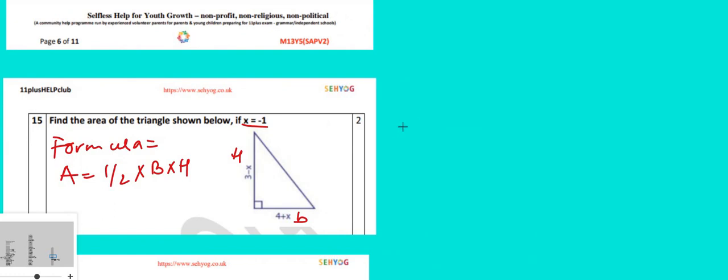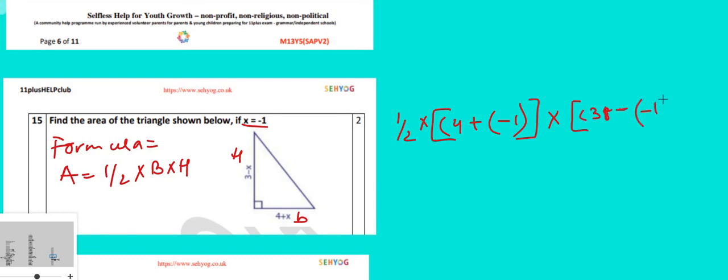Now if we put the values, half into, we'll be needing two brackets because the value of x given here is negative. The base is 4 plus minus 1, bracket close, into the height, which is 3 minus 1.